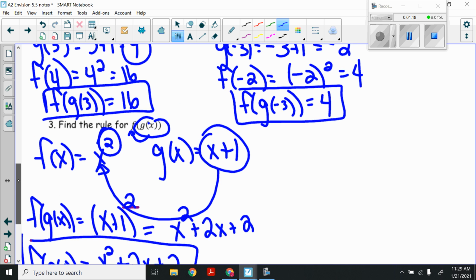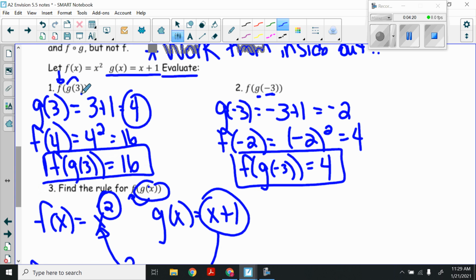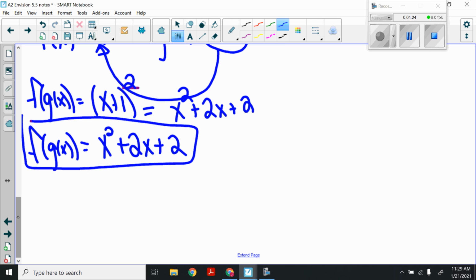I could check, right? Like if I took the 3, I said that it equals 16. If I plug 3 in here, 3 plus 1 is 4, 4 squared is 16. Yes. Okay. All right. Let's look at some more of those.